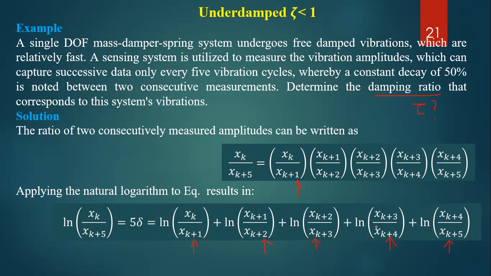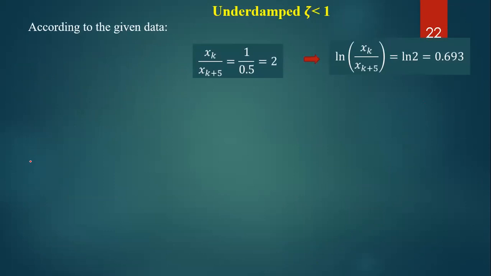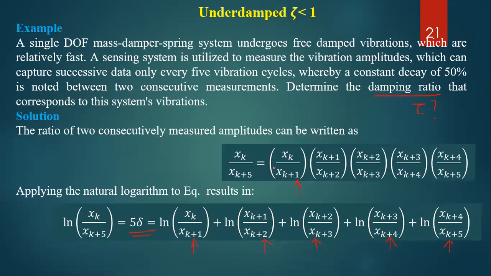So the sum of these deltas gives us 5 delta. So 5 delta is equal to ln of xk over xk plus 5.